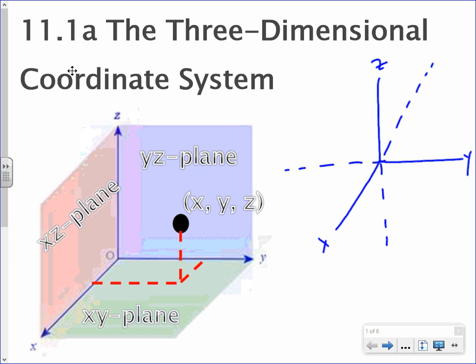So the floor is what would be like the XY plane, okay? This wall right here where the board is, this would be the YZ plane, okay? And then this wall over here would be that XZ plane, okay? So like this, the corner along here would be the Y-axis. Along the bottom there would be the X-axis, and then this corner going up would be the Z-axis.